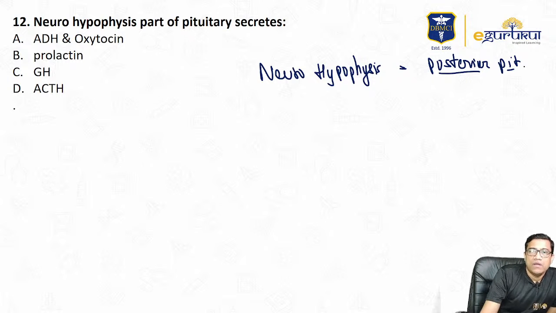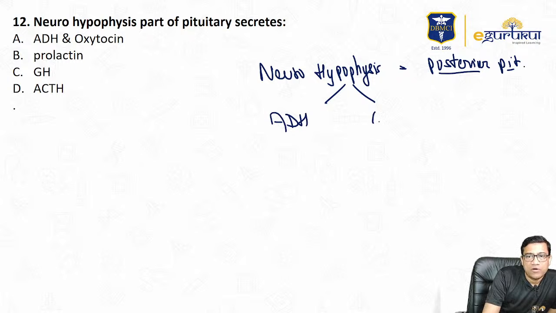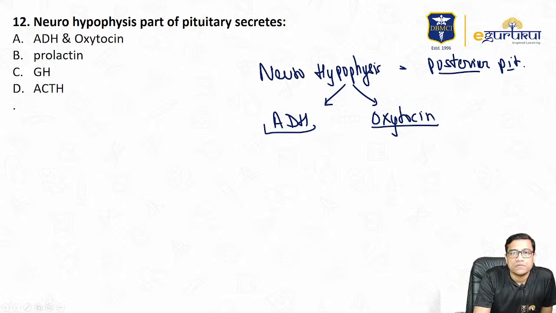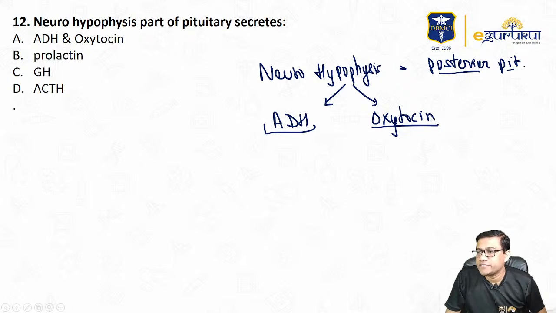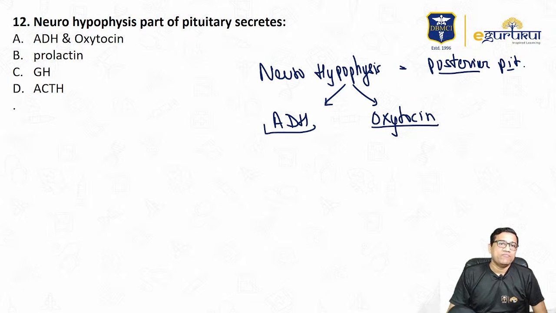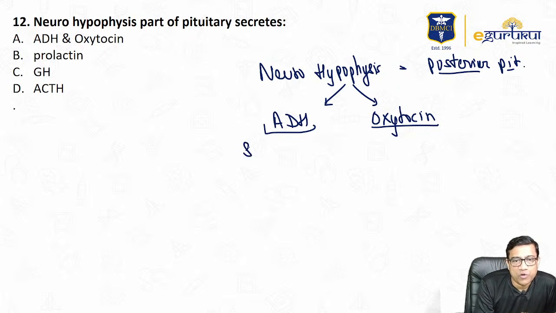Done. Then it releases two hormones: one is ADH and the other is oxytocin. So ADH and oxytocin. ADH, I told you already, comes from the supraoptic nucleus.